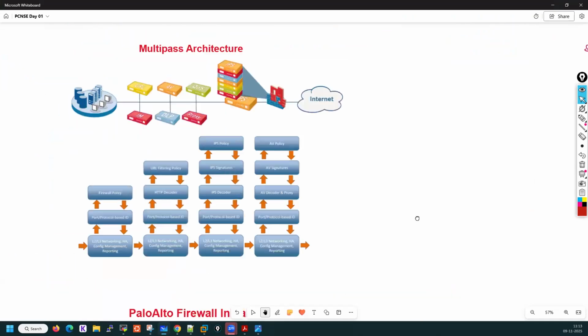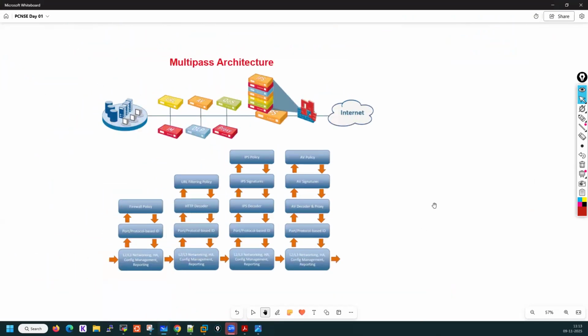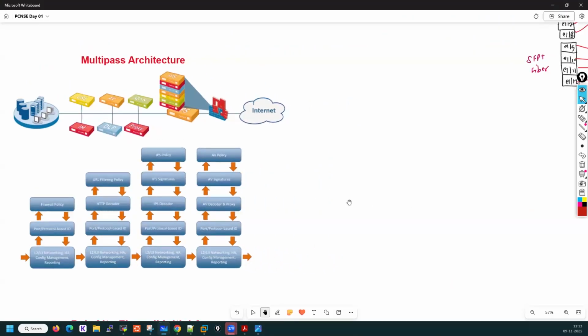Okay, now with this multipass architecture, what used to happen? Guys, if I take a reference from the Cisco product portfolio, and I take an example of Cisco FTD, I'm not an expert on FTD, okay? But if I talk about the Cisco FTD, Firepower Threat Defense, it's a combination of 3-4 products. It has an ASA code, then it has an IPS code, it has an AMP code, Advanced Malware Protection code, and it has a WSA code.